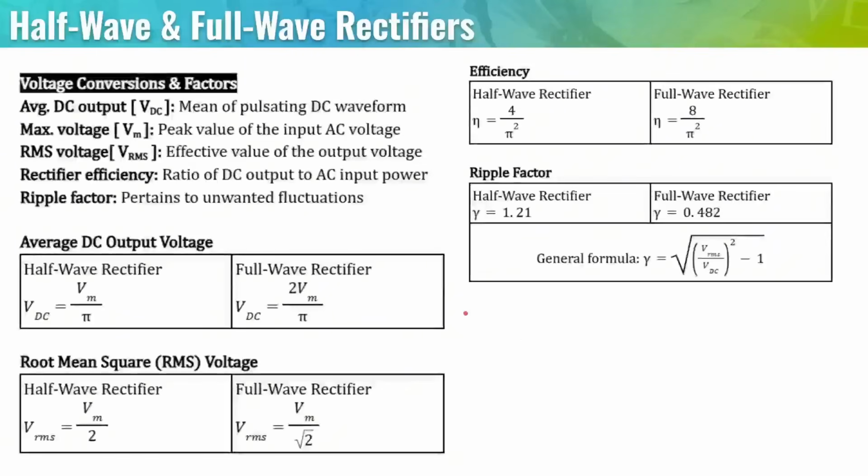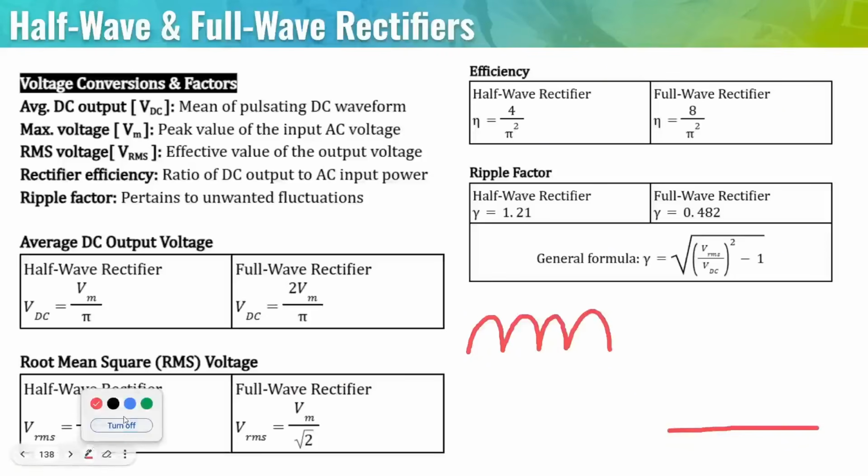The ripple factor describes the unwanted AC fluctuations. You can see here that when we are trying to convert something into DC, it's not actually perfect, at least not right away. So the ripple factor is going to be something like this.